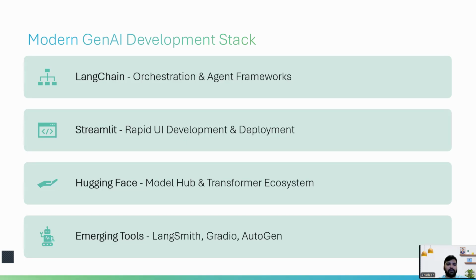You have many models in the model hub of Hugging Face which you can utilize, and there are a lot of emerging tools. When we discussed RAG, we spoke about agentic RAG agents and how you use them. To use them, you have AutoGen, an offering from Microsoft Azure, which helps you quickly build agents. Then you have LangSmith and Gradio that help you with the interface. You can utilize either of these two to build an interface for the backend that you scale up in Azure AutoGen.